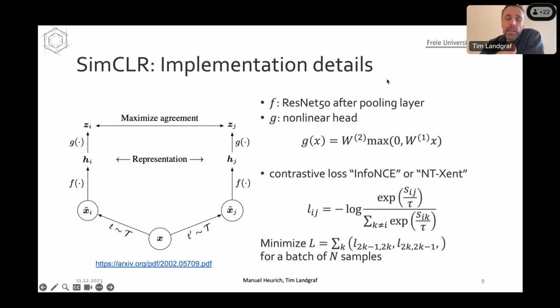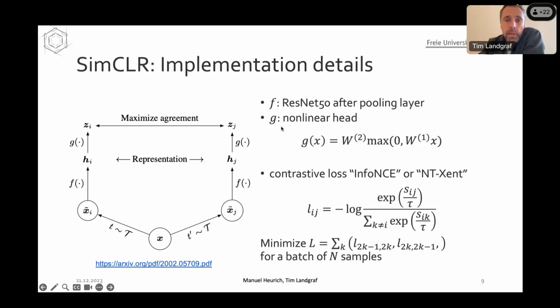It's basically a sequence of residual blocks, so convolutional layers with the input bypassing these blocks as residual connections, and then you have a couple of those, and in the end you have the average pooling and a fully connected layer, and the average pooling layer serves as our H, as our representation.